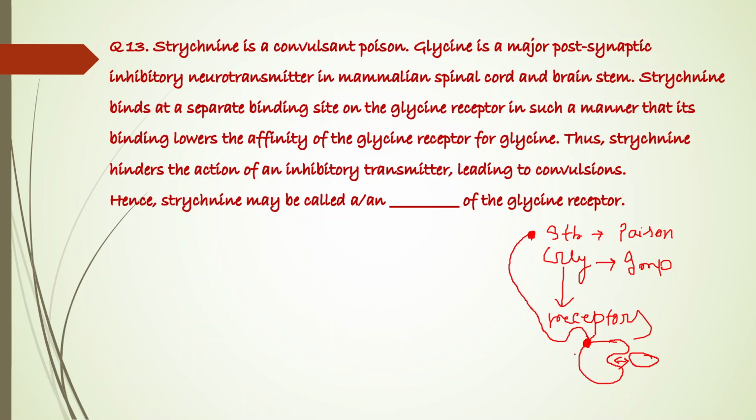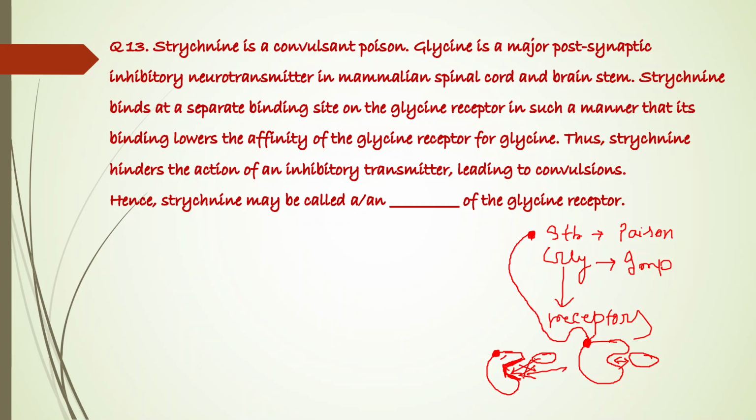It might look something like that, that after the poison binds, then the receptor somehow starts to look like this, and the glycine molecule, say now the active site looks something like this. Now the glycine molecule, here is the poison sitting, can no longer attach to this receptor. So this is the whole scenario that is going on.